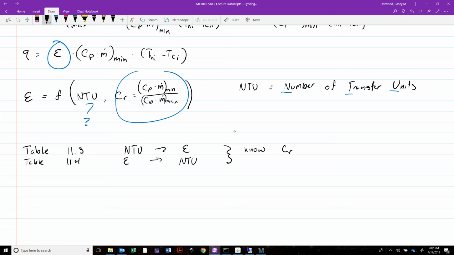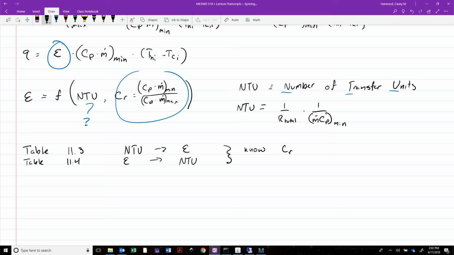The last thing to note is the actual definition of the NTU. The number of transfer units is defined as 1 over R total times 1 over m dot Cp min, where R total, don't forget, is the total thermal resistance that includes the convective resistance, the conductive resistance of the wall, and the convective resistance into the other fluid.